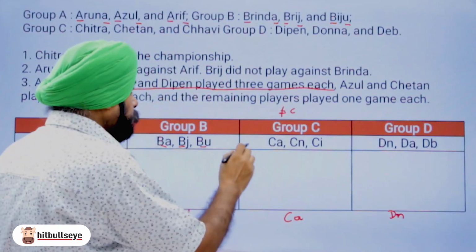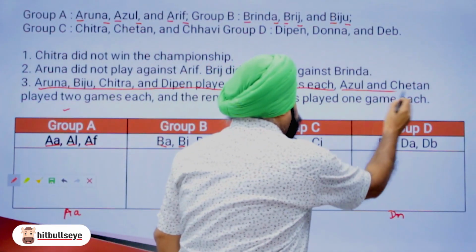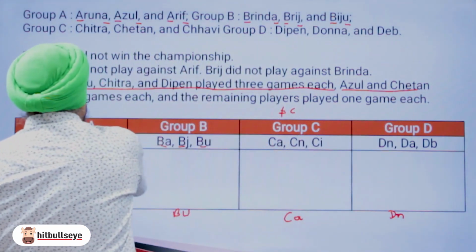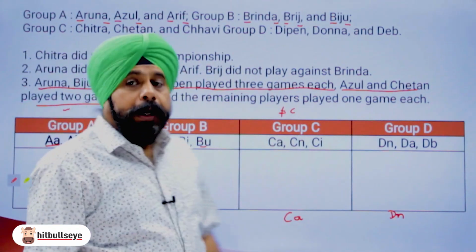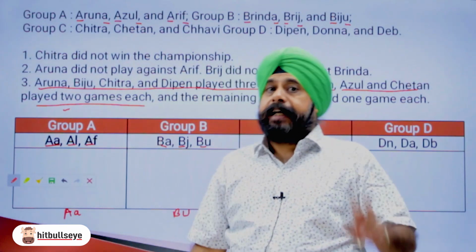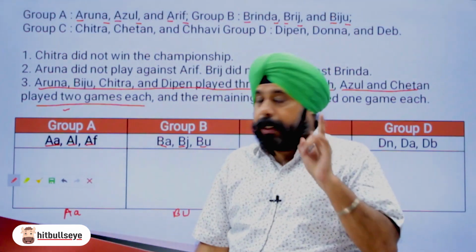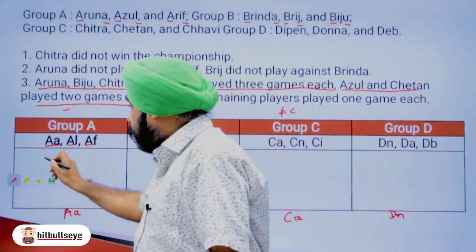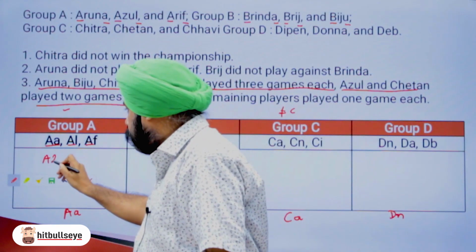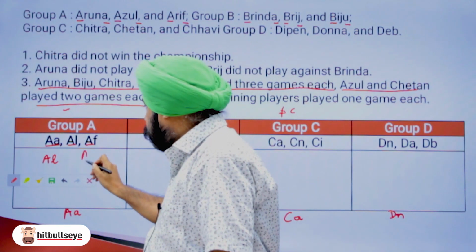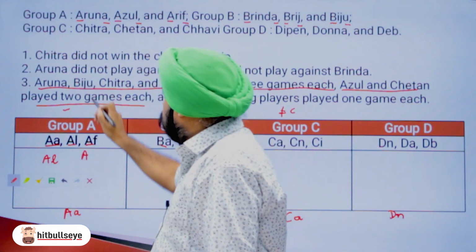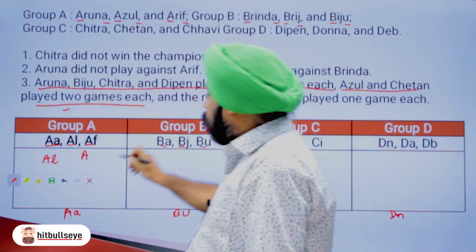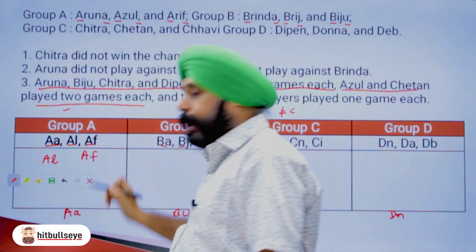Now Azul and Chetan have played 2 games. People, Azul and Chetan have played 2 games and they have still not reached the semi-final. So that means Azul has played 2 games. 1 game must be with... now Aruna did not play against Arif, so this means Azul must have played against Arif.